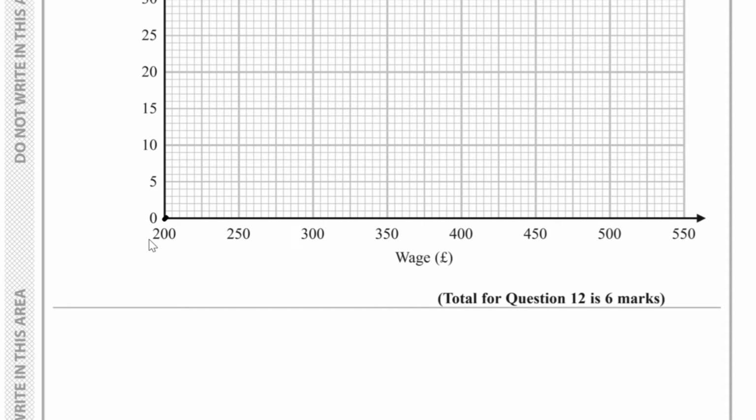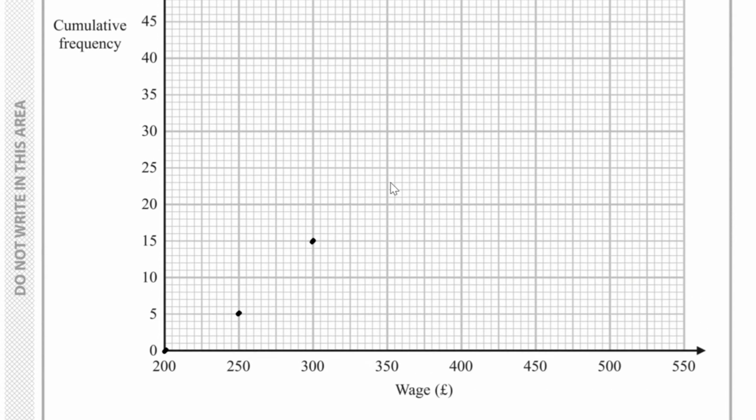Then we have 200, then we've got 255. Then we've got 315 first. Then we've got 350, 35. And then we've got 455.